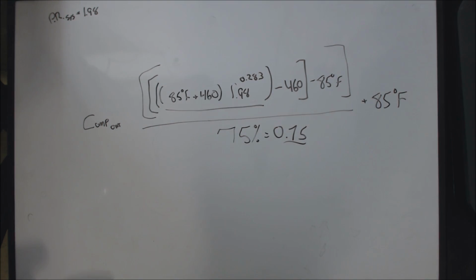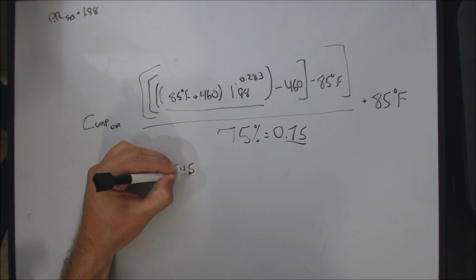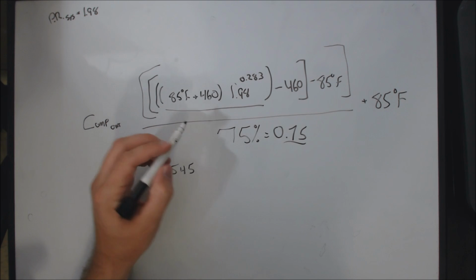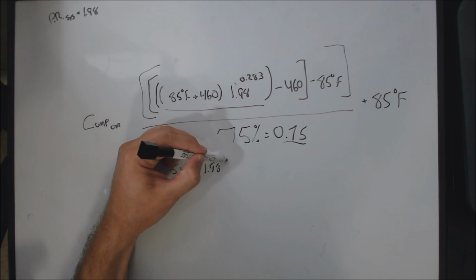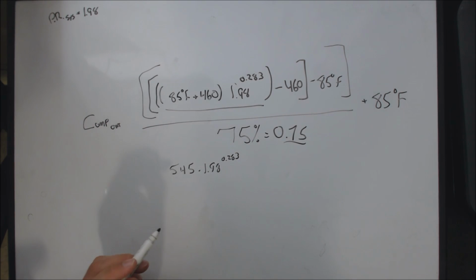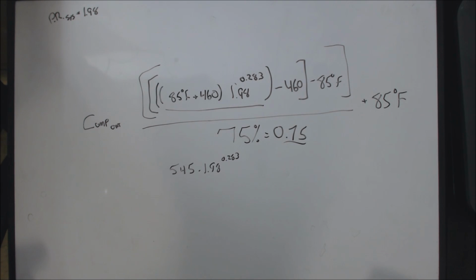So to do this, 85 plus 460 is 545. I just computed this, times 1.98 to the 0.283 power. So I just move this down here. And when I compute that, I end up with 661.